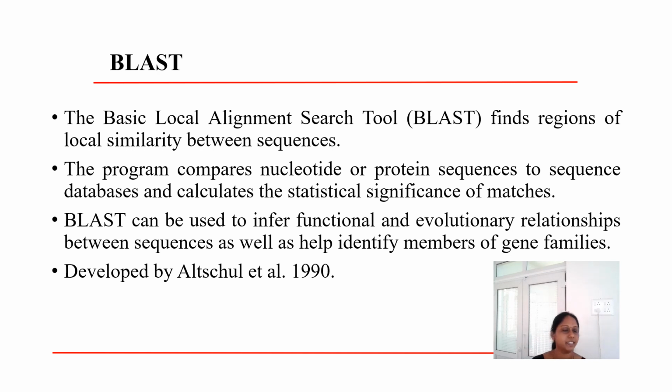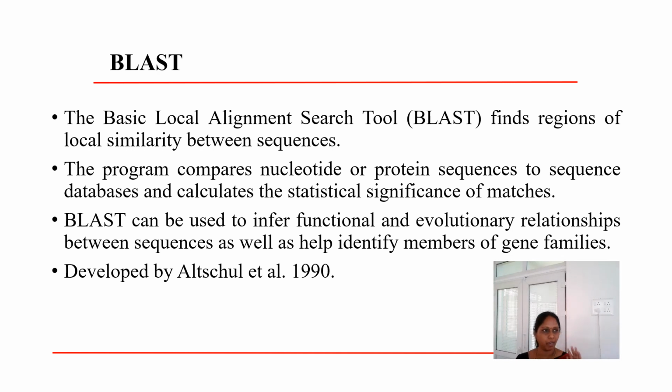BLAST, as I said, is the Basic Local Alignment Search Tool, which is going to find the local similarity between two sequences. There are many different variants of BLAST, and we have different types of sequences also. What are the different types of sequence we can have? Yeah, you can have a protein sequence or a DNA sequence.